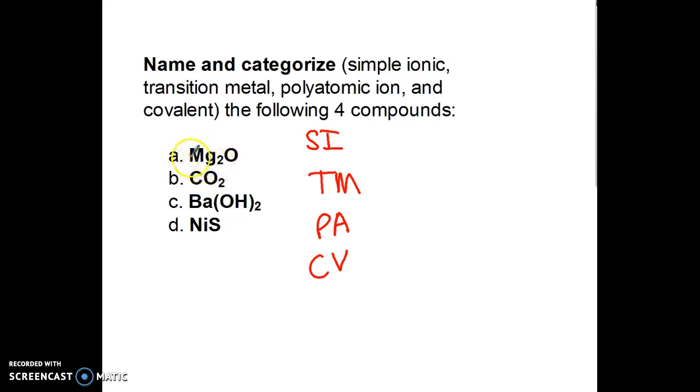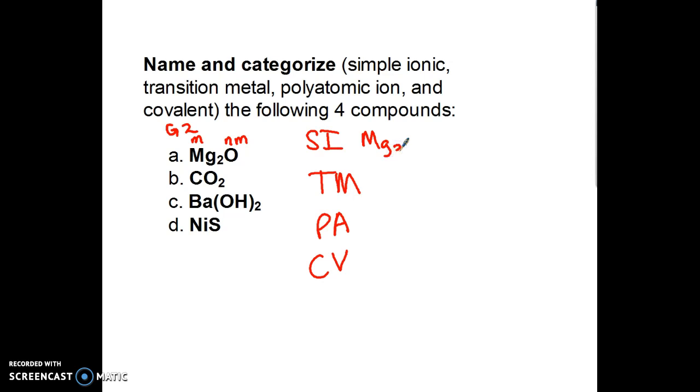Okay, so let's look at this first compound here. We have magnesium, which is a metal, and oxygen, which is a non-metal. Now the question is, for magnesium, is it a transition metal or a regular metal? Well, if you look at the periodic table, you'll find it's in group 2. So that means it's a regular main group metal. And so this compound is going to be just a simple ionic.